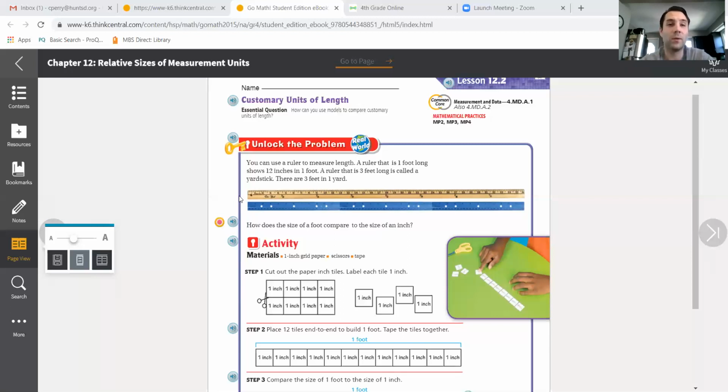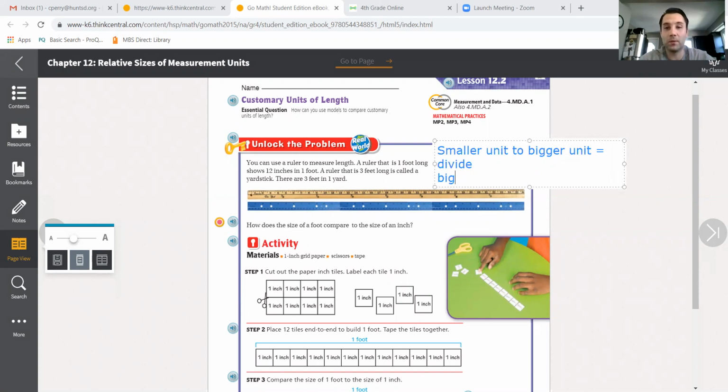Okay, I'm going to show you a little tip today to help you get through this lesson. All right. Okay, so remember these key terms. Smaller unit to a bigger unit, we are going to divide.